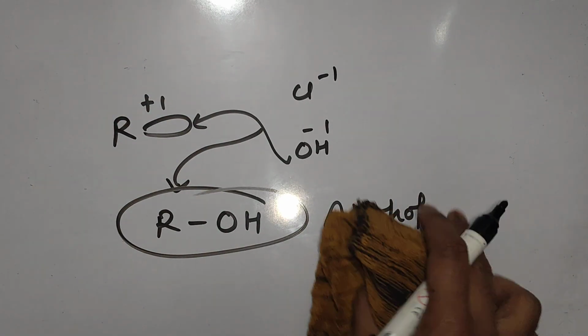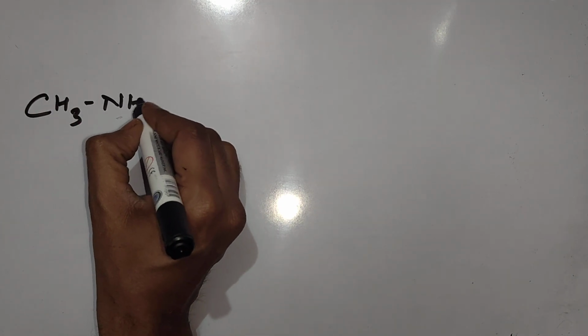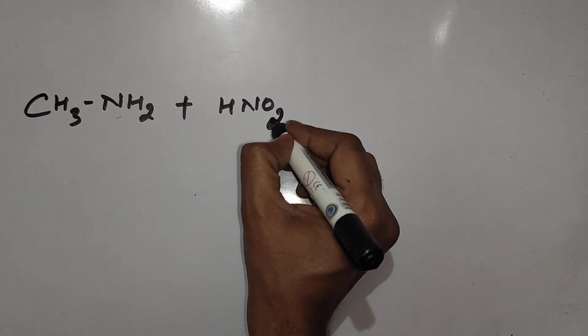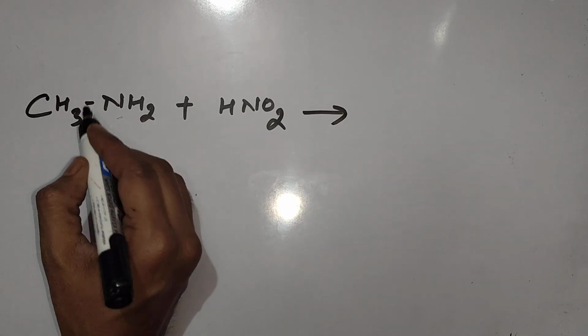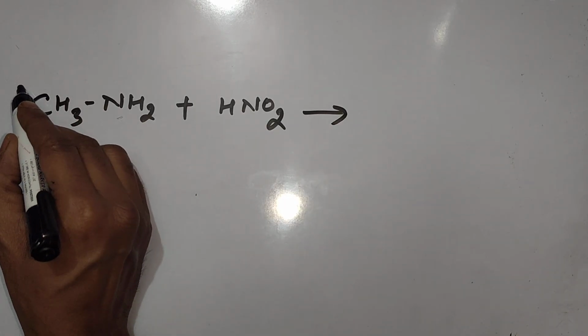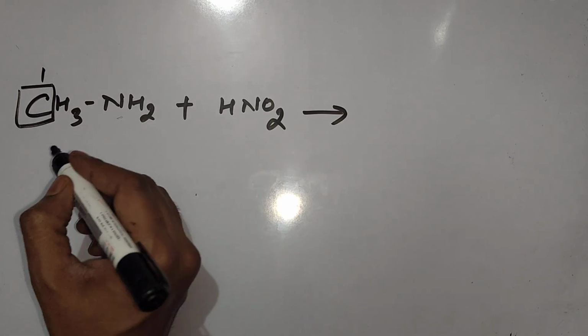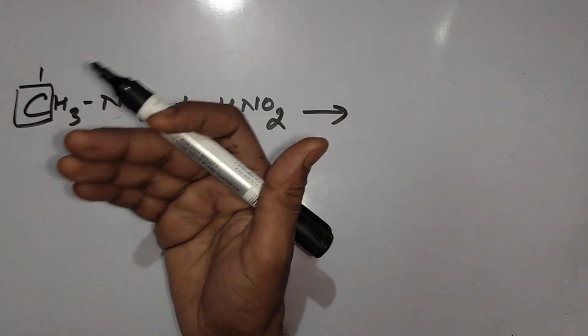Okay, now let's try to solve some reactions based on it. Suppose we have CH3NH2 and nitrous acid HNO2. Can you tell which alcohol will be generated here? Okay, naming first. This is the longest chain, 1. Naming will be side chain name first, then cyclo, then word root.